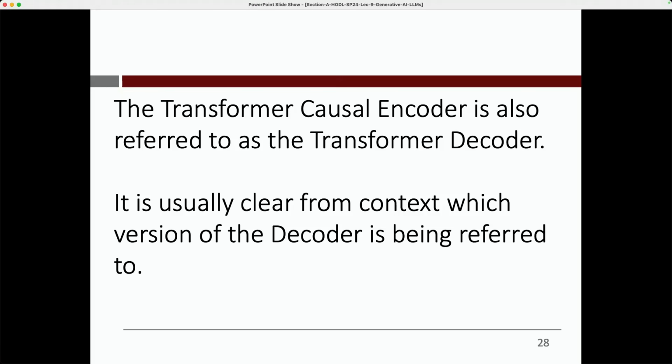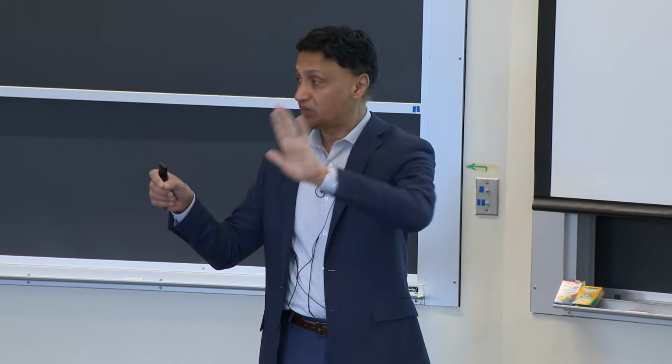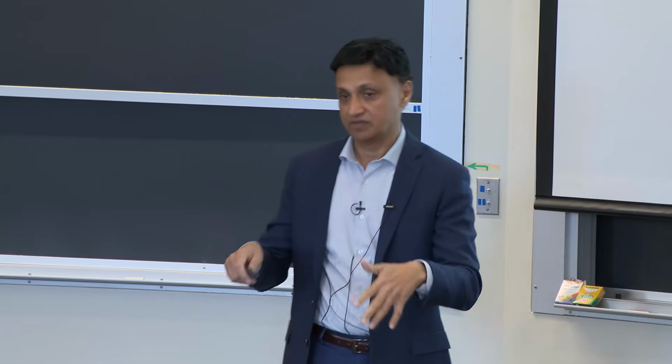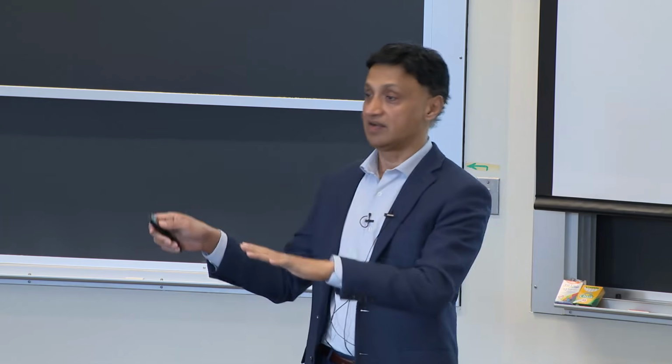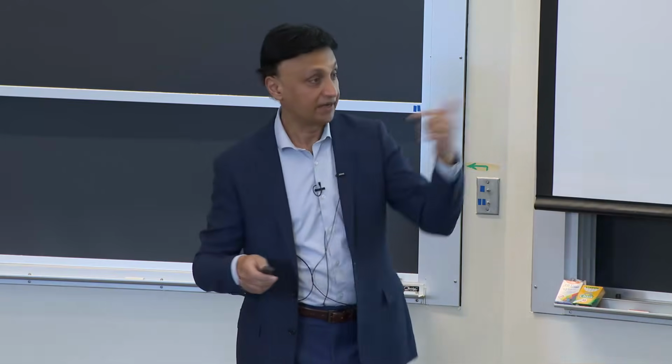But the word decoder has two meanings. It's a synonym for the causal encoder like we have seen today. It's also used to refer to the second part of the architecture in sequence-to-sequence translation problems. It'll become clear from context what we're talking about. In this course, of course, there is no confusion because we're not looking at translation. We may say decoder or causal encoder, it's the same thing.